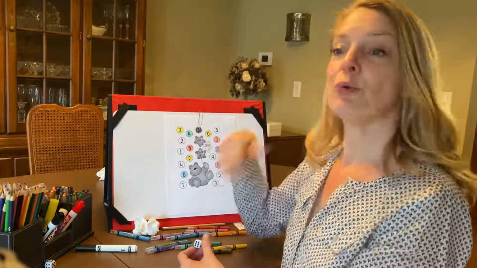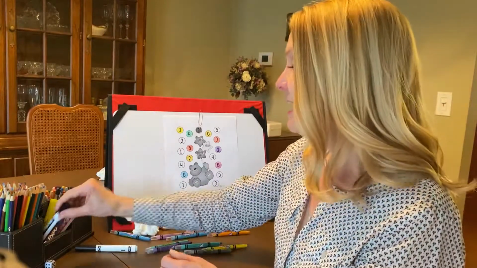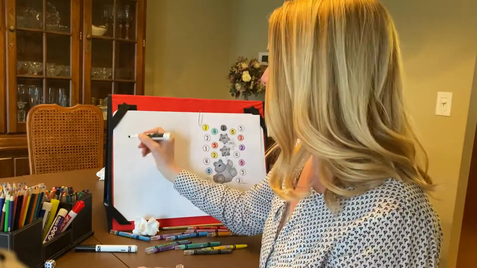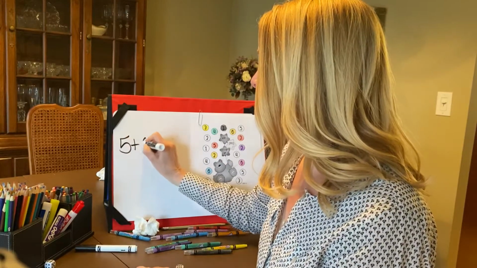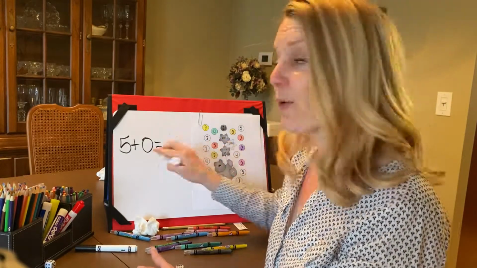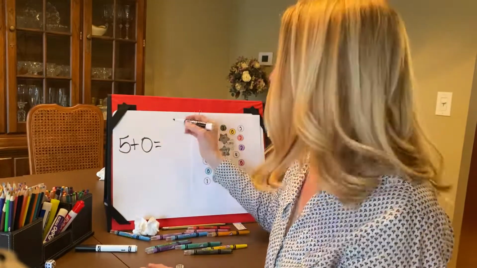And you can continue on working on this page. Anytime, I'm just going to slide this over. Anytime you have the math sentence, 5 plus 0 equals, it's going to be the other number. You have 5, but you're not adding any more, so the answer is 5.